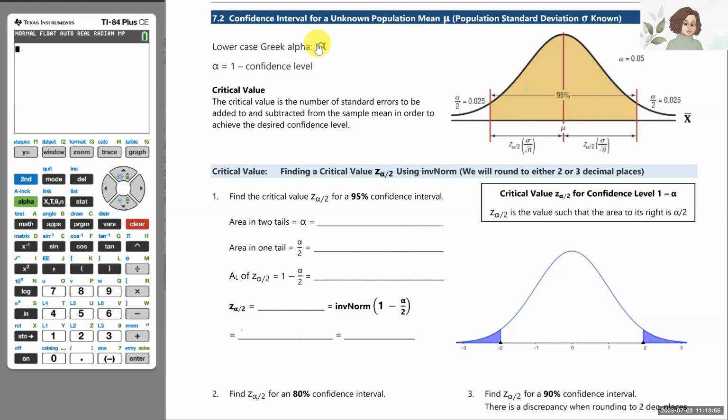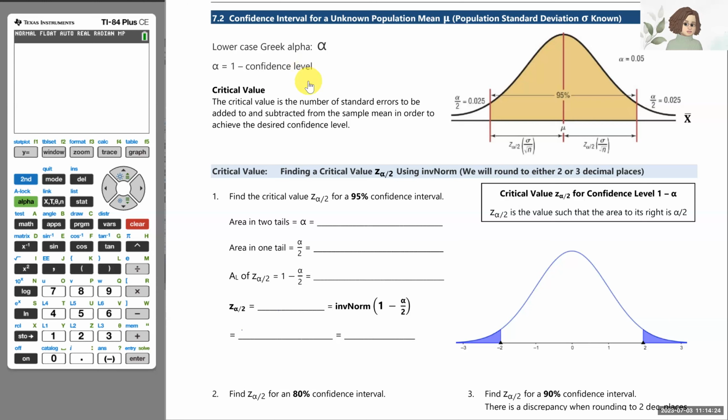Well, there's upper and lowercase, but the alpha we'll be using is lowercase. I know it looks kind of like the letter A, but it is not. It is Greek alpha, and I'll draw it for you in a moment. But alpha is going to be the complement of our desired confidence. So alpha will be 1 minus the confidence level.